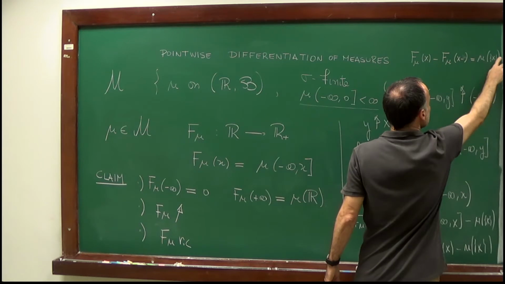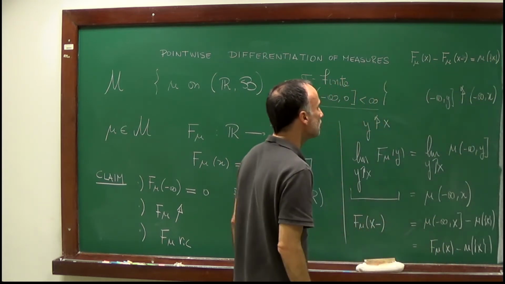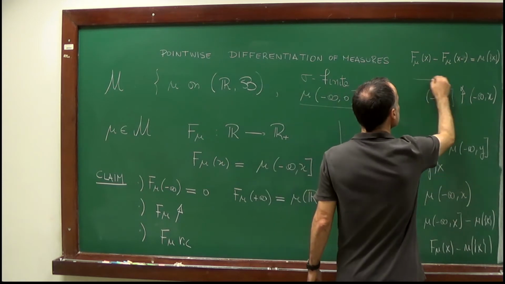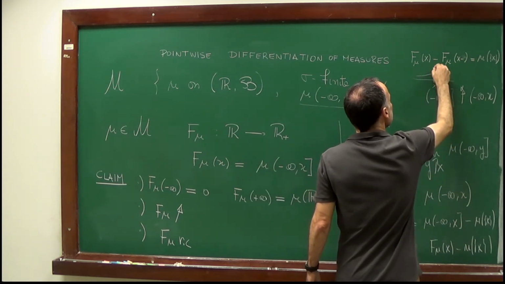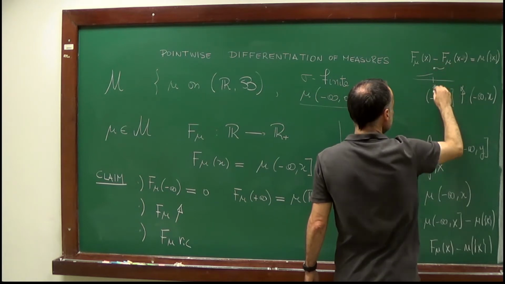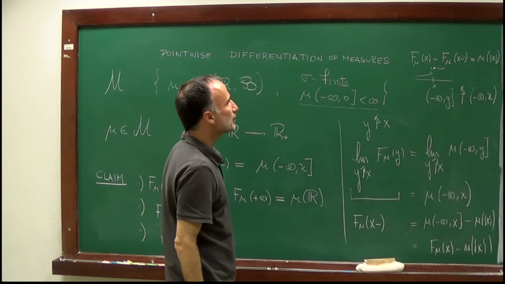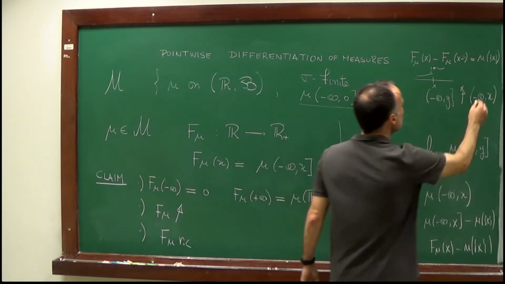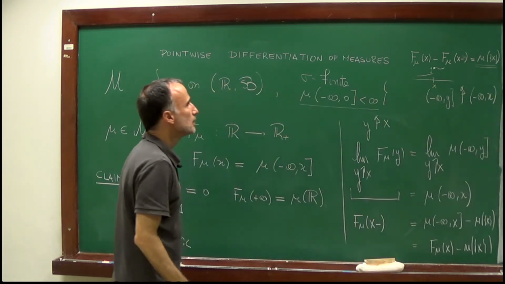While if it's strictly positive, this means that f_mu has a jump at the point x, and this jump is exactly equal to mu of x.